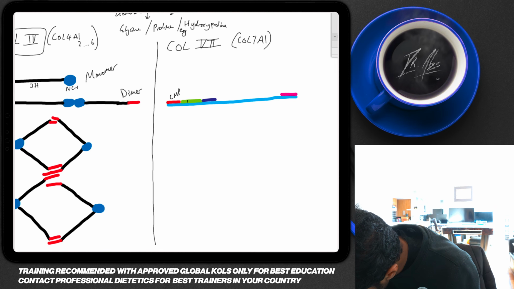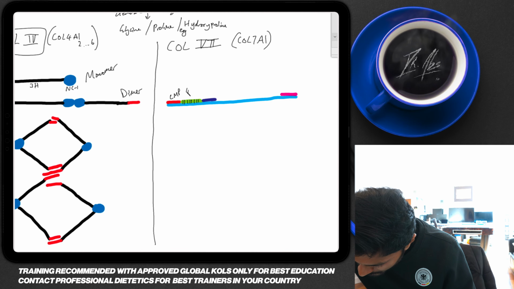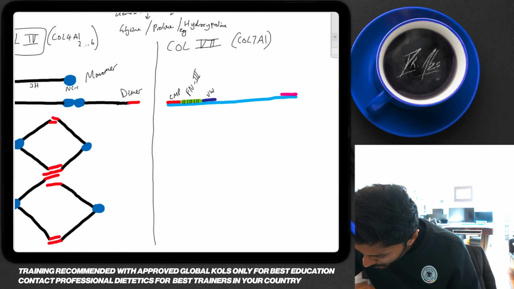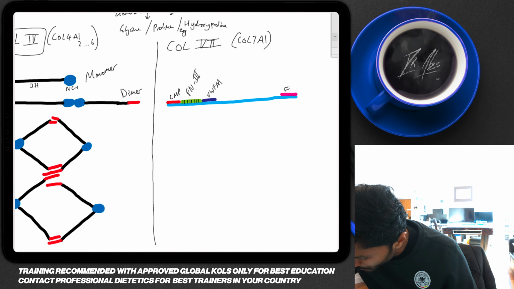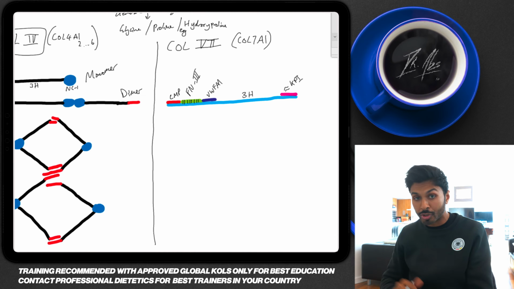Let's split this green up into 9, because here we have 9 lots of fibronectin type 3-like subunits. Then we have von Willebrand factor A1, and then on the end we have something that resembles a Kunitz protease inhibitor, and this section here is the triple helix.